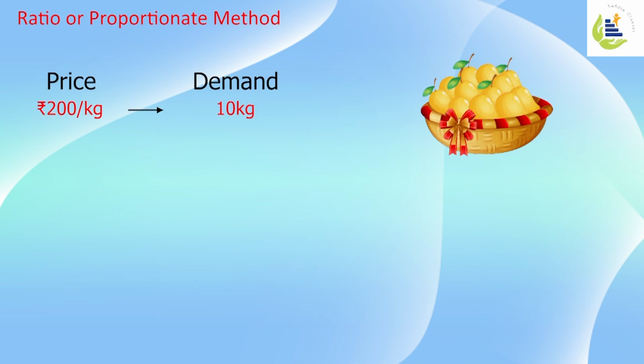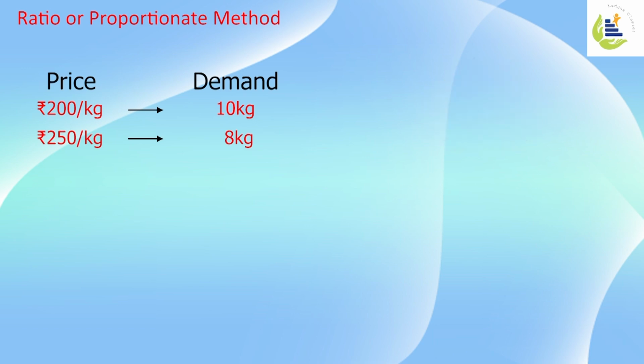As price has gone from 200 to 250 rupees per kg, now I just buy 8 kgs of mango. So how do you calculate elasticity of demand? First, what is price elasticity of demand? Yes, it's percentage change in demand with respect to percentage change in price.